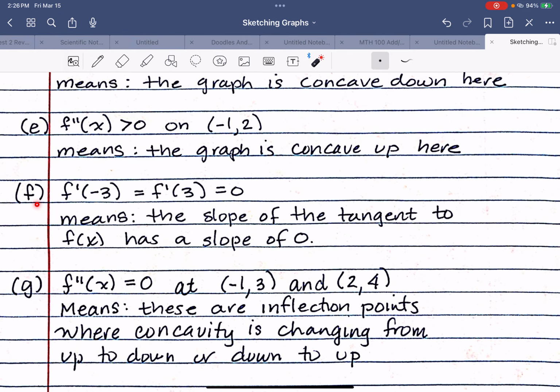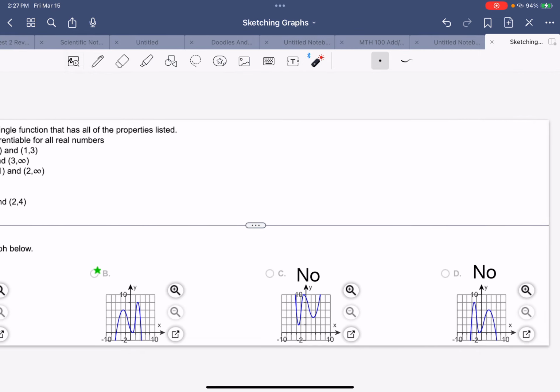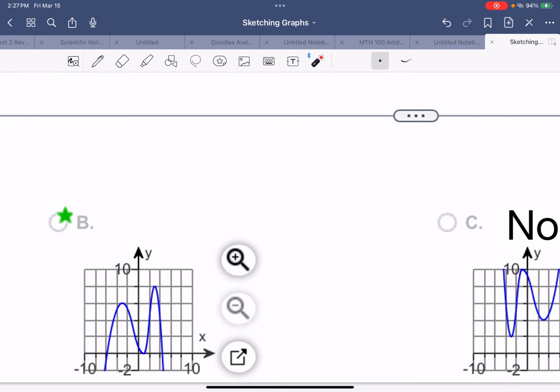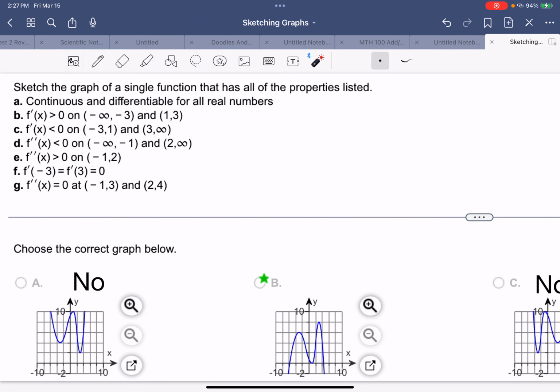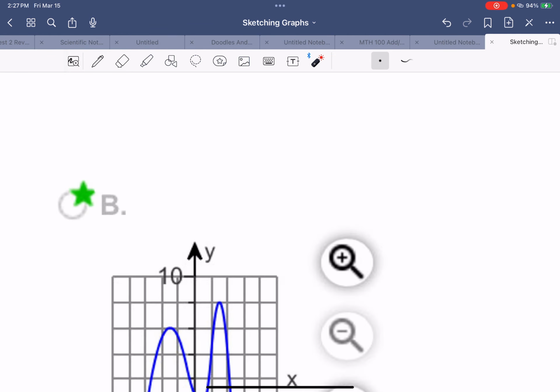Letter F says f prime of negative 3 and f prime of 3 are 0. That means the tangent to f of x has a slope of 0. Okay, so that's a horizontal line. Remember, slope of 0 is a horizontal line. So when we look at these two values, negative 3 and 3, this is the first derivative.